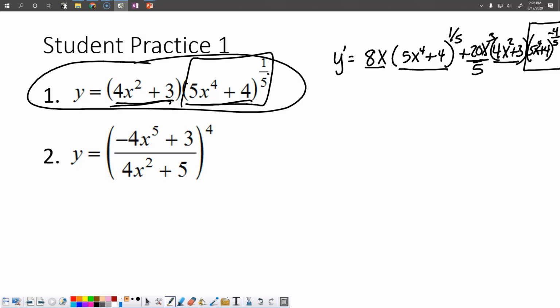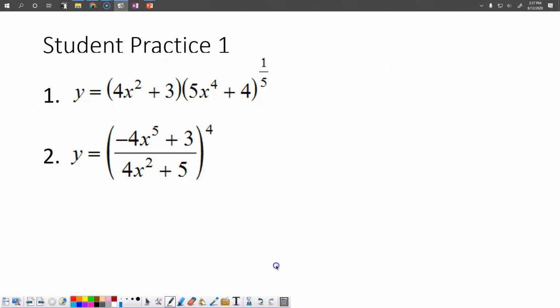And then a derivative of the inside would be 20x to the third. And then when you divide the 20 by the 5, which I haven't done yet, you would have gotten a 4. So most simplified answer would have had a 4 right there. Okay? So that's chain rule with product rule.